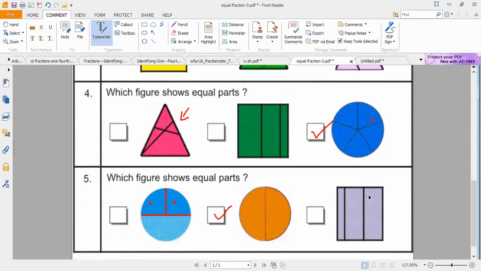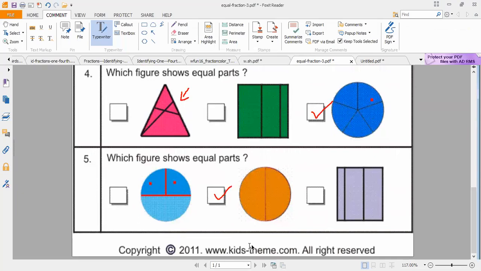Thank you. Shahd, yalla. Do you know what's the meaning of halves? Two equal parts. Say it. Two equal parts. Okay. Do we have halves here?